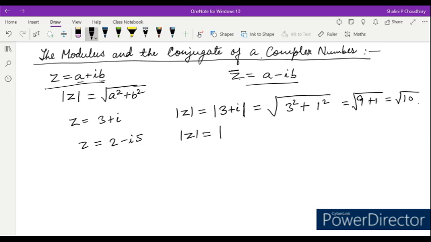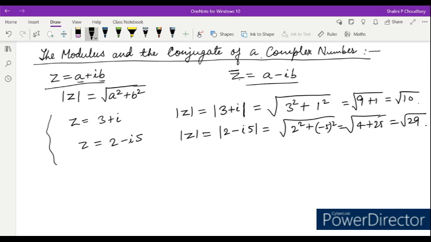Modulus of z will be denoted as mod z, or modulus of 2 minus 5i, and that will be equal to square root of 2 square plus minus 5 square, so square root of 4 plus 25. So it will be square root of 29. This way we can find the modulus.